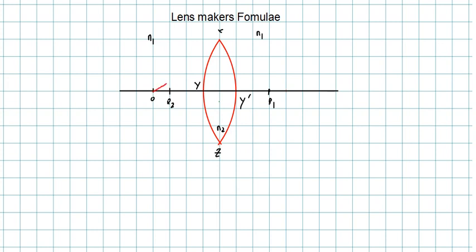A ray originates from the object and is incident on this surface XYZ, where it undergoes refraction.